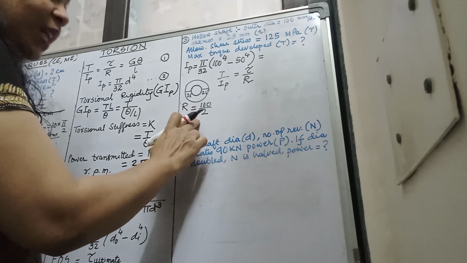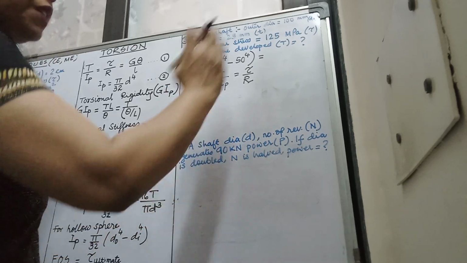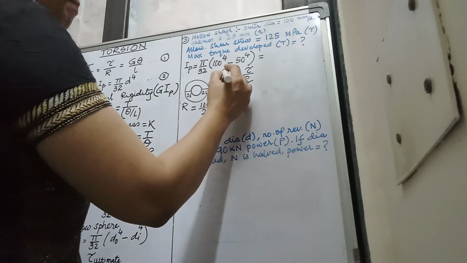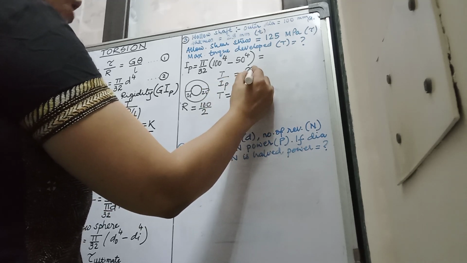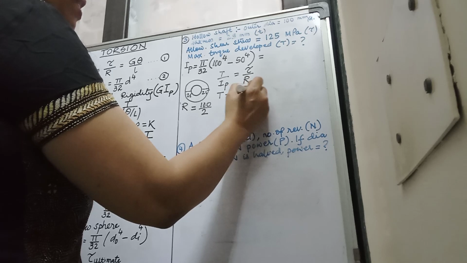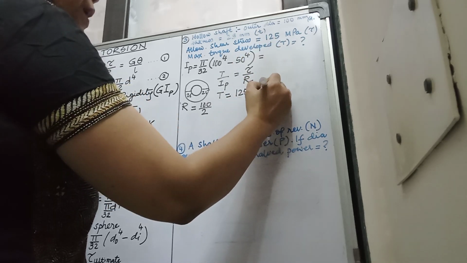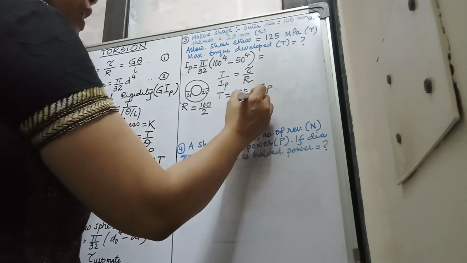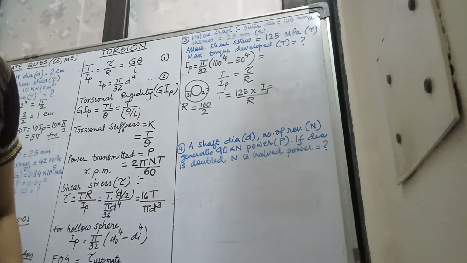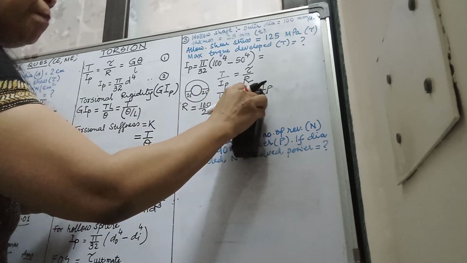No. It is the outer diameter. Half of the outer diameter is the radius. So T will be equal to tau, 125, into IP by R. R value is equal to 50.